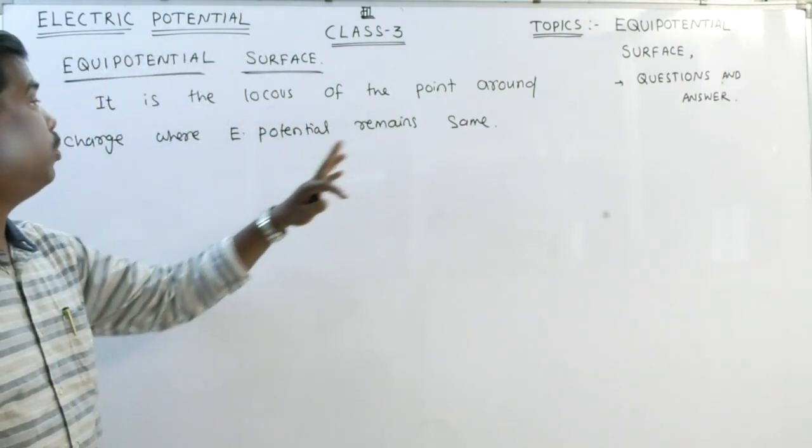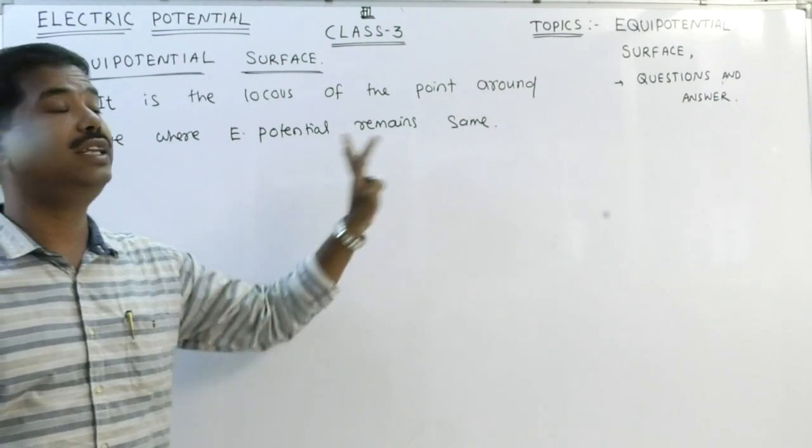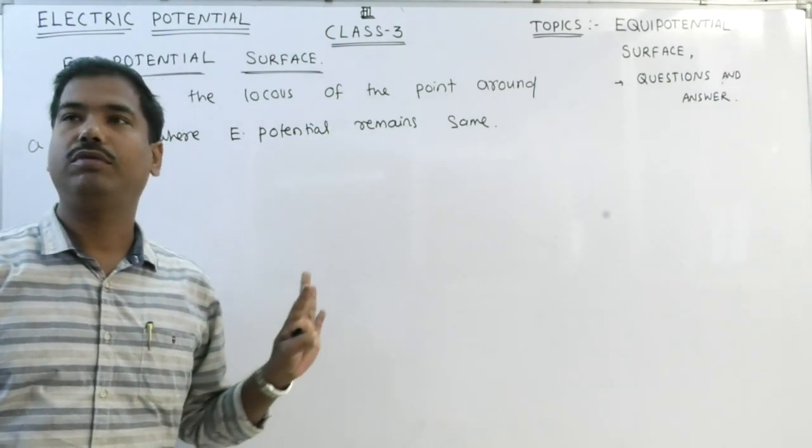It is the locus of the points around a charge where electric potential remains the same. Clear?